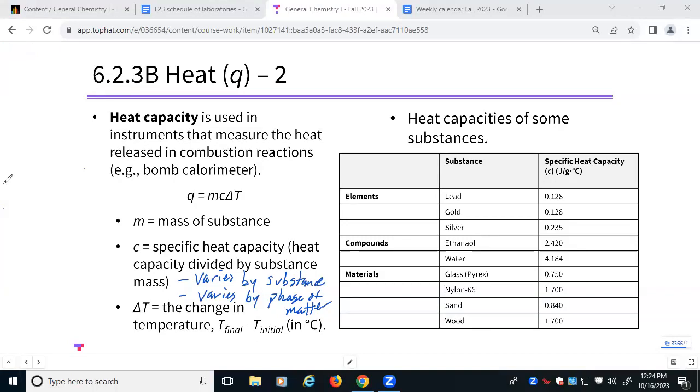So if I'm looking at a sample of lead, the specific heat of lead is 0.128 joules per gram degree Celsius. Now that specific heat applies to any sample of lead that I could possibly find, so long as the lead is in the solid phase. If the lead is in the liquid phase, completely different value.